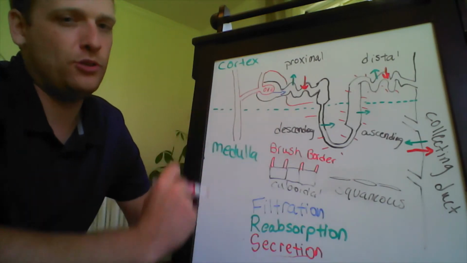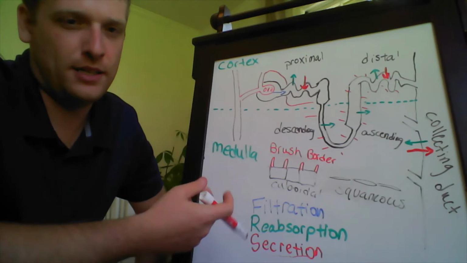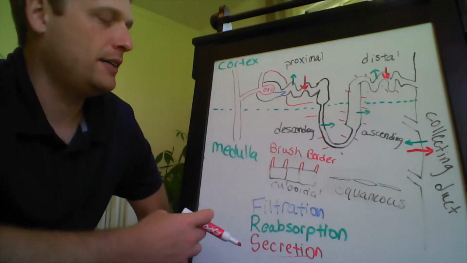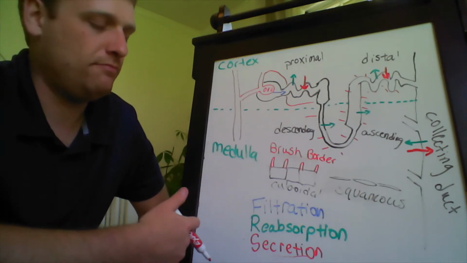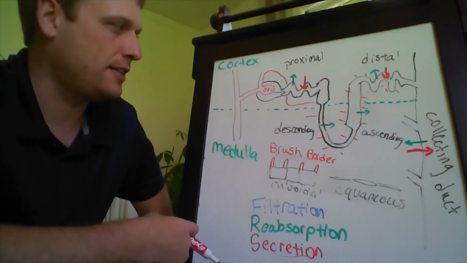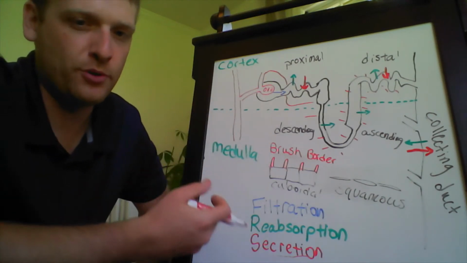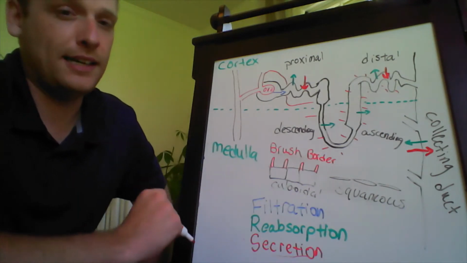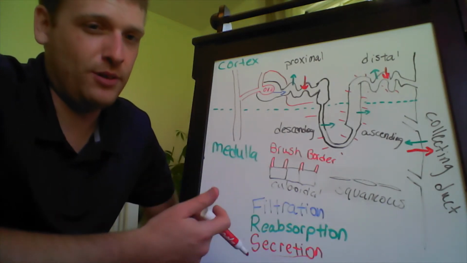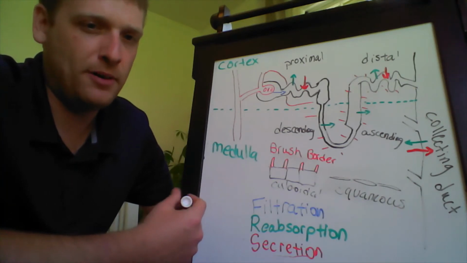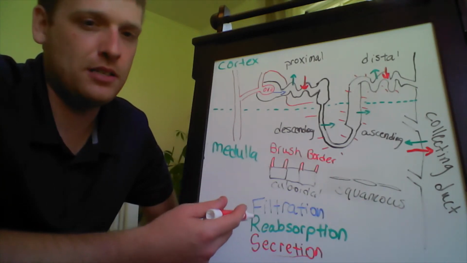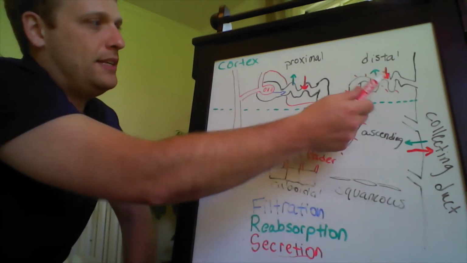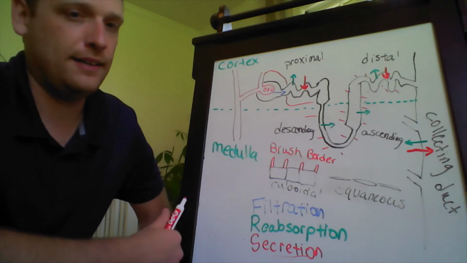So here in the proximal tubule, your nutrients and things are being reabsorbed the same all the time, no matter what the circumstances are. You're usually always going to be reabsorbing nutrients and things like that. But in the distal tubule and the collecting duct, again, they're under the influence of hormones. So certain hormones have to be present for certain substances to be reabsorbed or not reabsorbed or secreted in the distal tubule and the collecting duct.